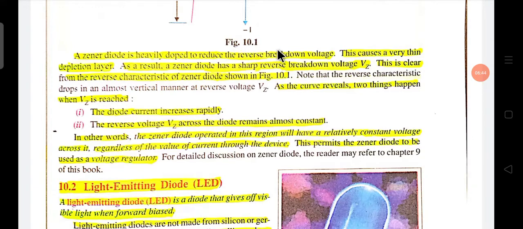That means the reverse breakdown voltage decreases, and the depletion region or potential barrier region is very thin. As a result, a Zener diode has a sharp reverse breakdown voltage Vz. Sharp reverse breakdown means a sudden breakdown, or a sudden increase of the reverse current. This is clear from the reverse characteristic of the Zener diode.